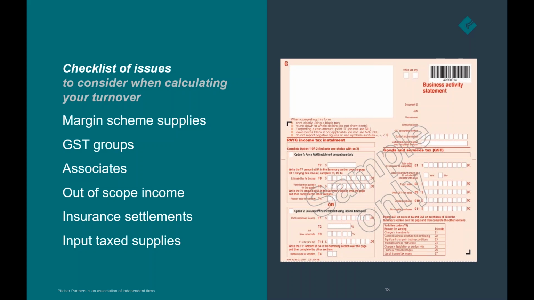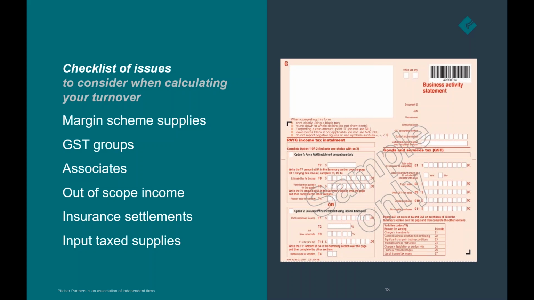So it will be necessary to go behind the BAS, behind the group calculation, and focus on any transactions that have been made, any supplies between the members of the group, which do need to be included if they are taxable or GST-free supplies.